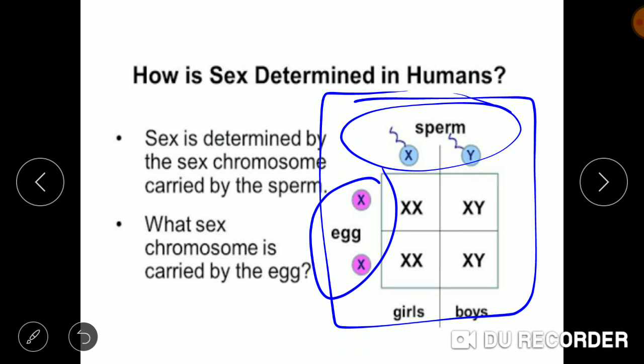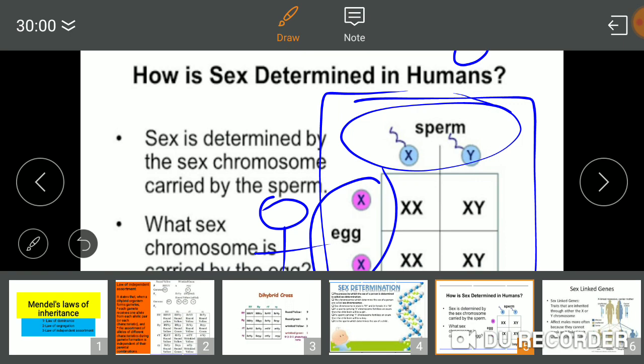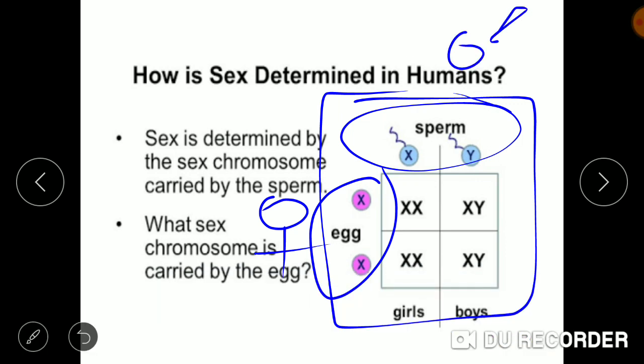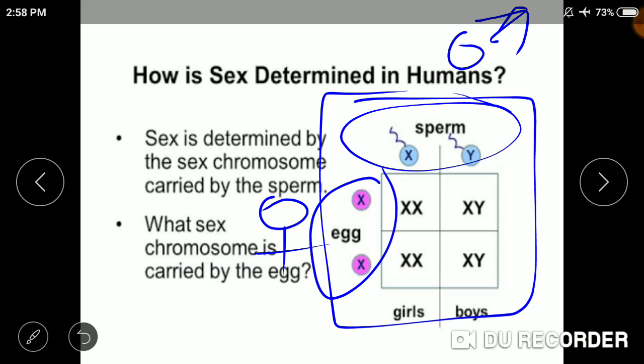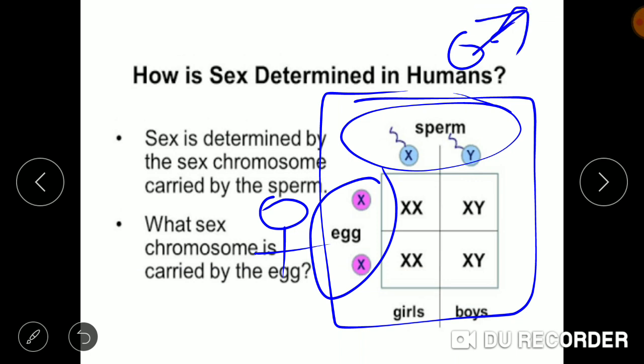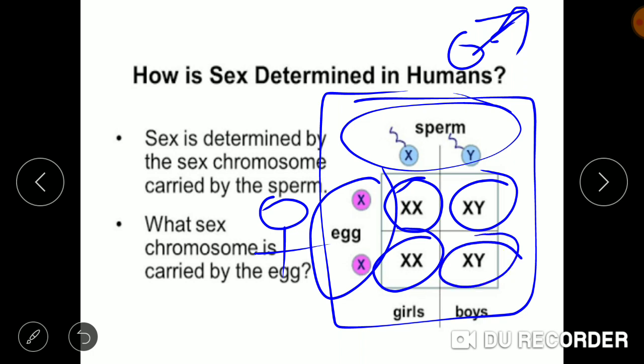So this is representing the female, this is the sign for female, and this is representing the male. So when the crossing is done between X and X, we got this offspring. X and Y, we got this. X and X, we got this offspring, and X and Y, we got this offspring.